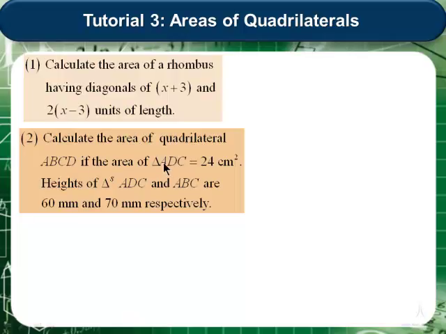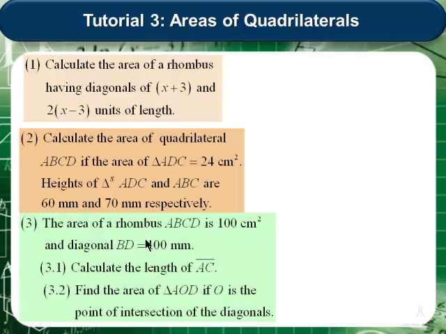The area of triangle ADC is given, and the heights of triangles ADC and ABC are also given. So now we must find the area of the quadrilateral. Obviously it will be good to make a sketch and put all the details within the sketch.